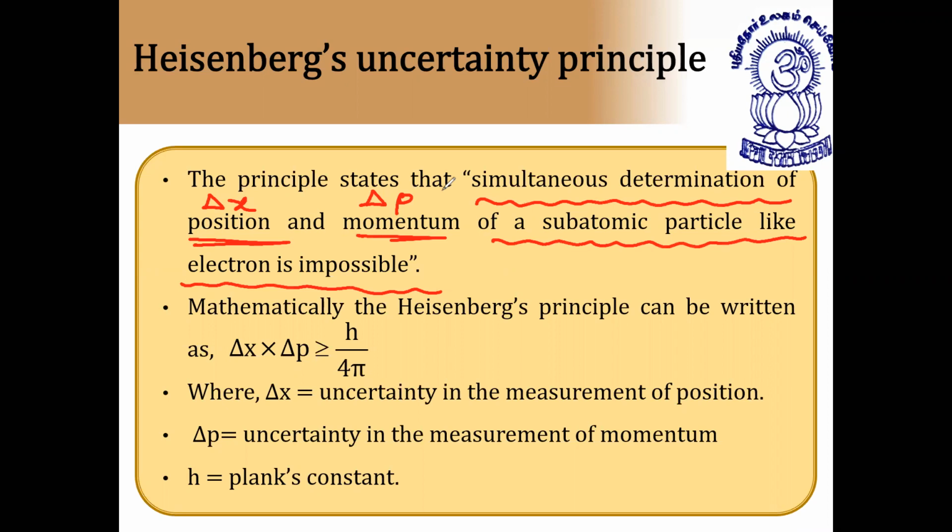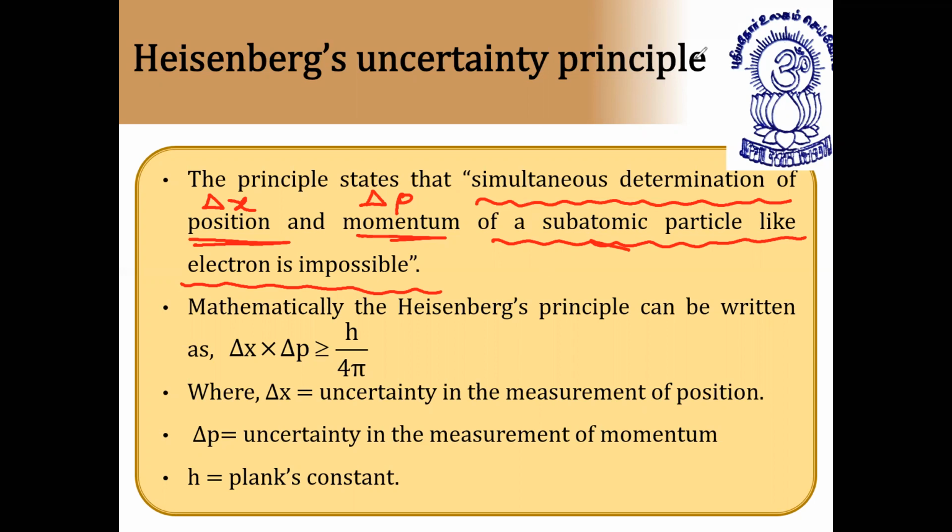This is called Heisenberg uncertainty principle. Based on this, the mathematical expression is delta x into delta p, where delta x is called uncertainty in position and delta p is called uncertainty in momentum. That should be greater than or equal to h by 4 pi, where delta x is the uncertainty in measurement of the position, delta p is the uncertainty in the measurement of momentum, and h is Planck's constant. So this is clear for you.